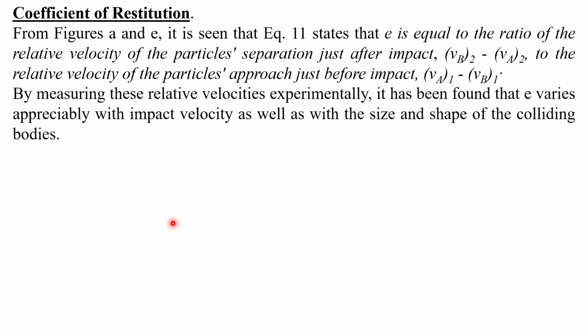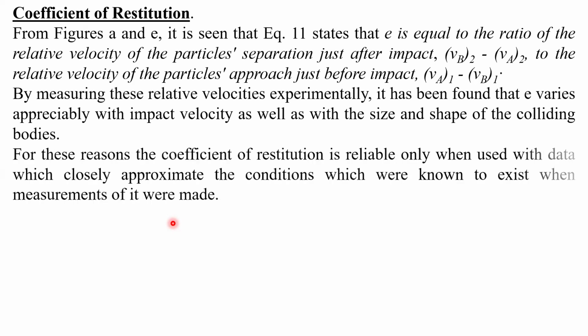By measuring these relative velocities experimentally, it has been found that E varies appreciably with impact velocity as well as with the size and shape of the colliding bodies. For these reasons, the coefficient of restitution is reliable only when used with data which closely approximate the conditions which were known to exist when measurements of it were made.